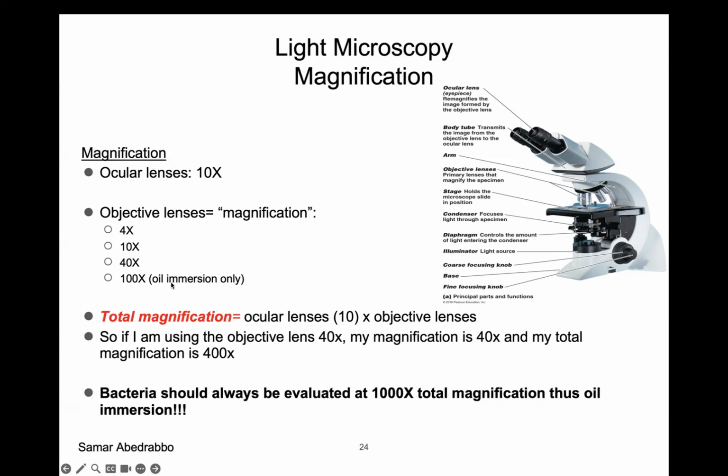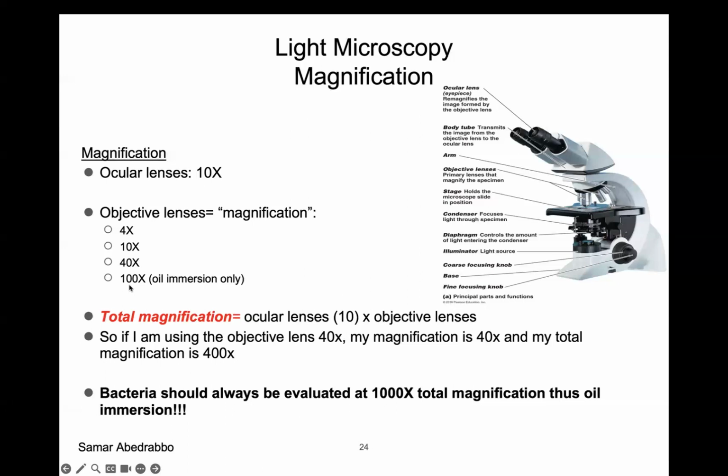Now let's talk about what this word oil immersion says here for a little bit. Bacteria, as you know, is really, really tiny. And in order to evaluate it and look at it properly, if you have someone's urine sample or their blood sample and you're looking at it under a microscope, you really want to go to the highest magnification. The highest magnification is 100x.